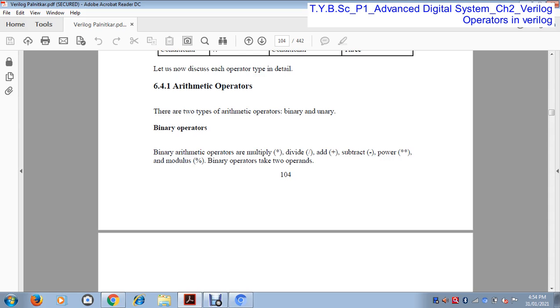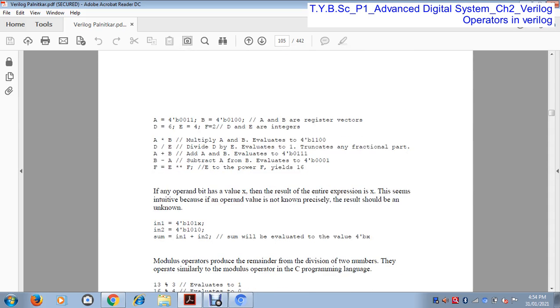Binary operators take two operands. Suppose this is operand A and this is operand B. The value of A is 0011 and the value of B is 0100. Here this is the number representation. So we define a number in Verilog HDL like this. 4 means the given data is 4 bits.